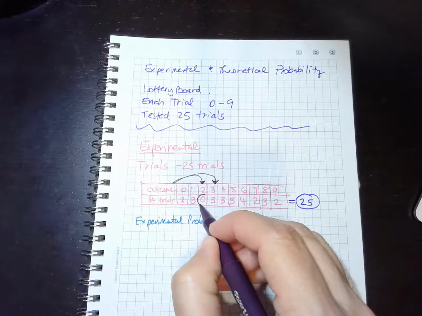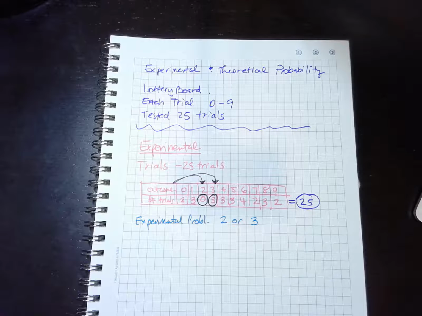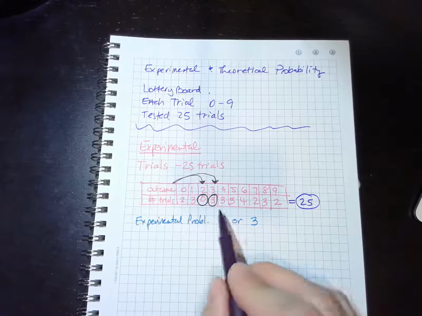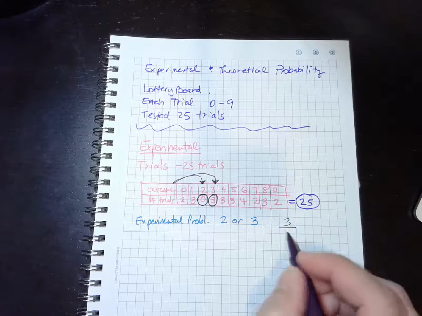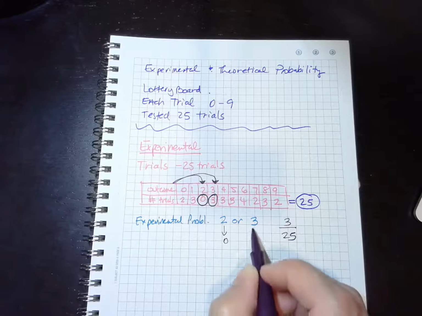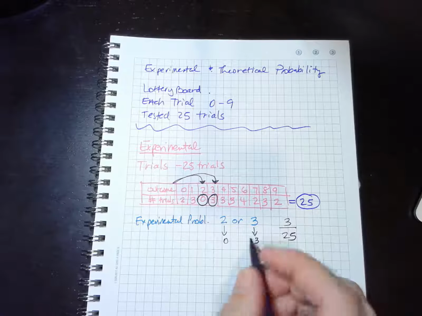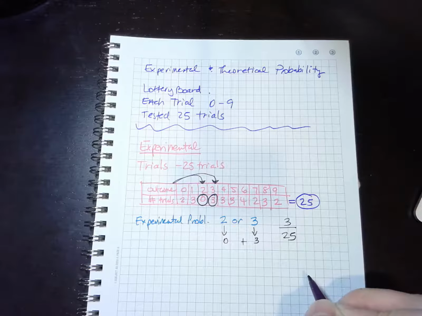Well, 2 showed up 0 times and 3 showed up 3 times. So the probability of a 2 or a 3 would be 3 times out of 25, because 2 was 0 and 3 was 3. So 0 plus 3 is 3, and that tells me 3 out of 25.